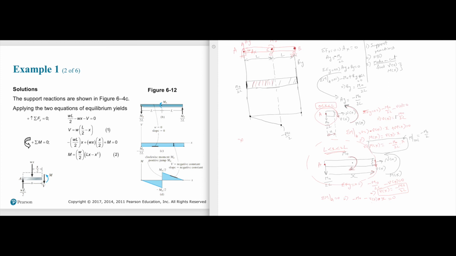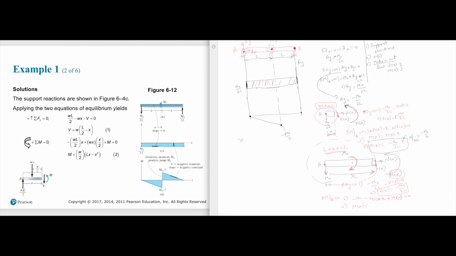Wait a second, negative V of x, and we also have this, I'm sorry, we also have this moment, isn't it? And this moment we assumed is counterclockwise, so we should write this as positive M of x, equal to 0. So we find what is M of x.